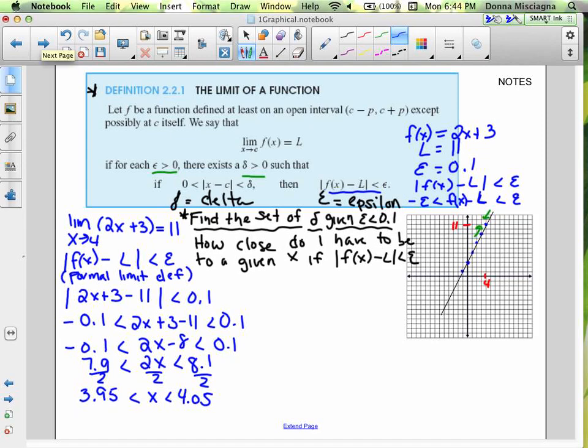So those are our x values. If x can be between 3.95 and 4.05, that means delta is going to be the difference between 4 and either one of those, and we don't care about positive or negative.